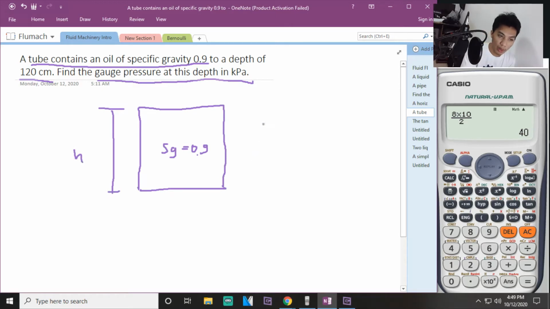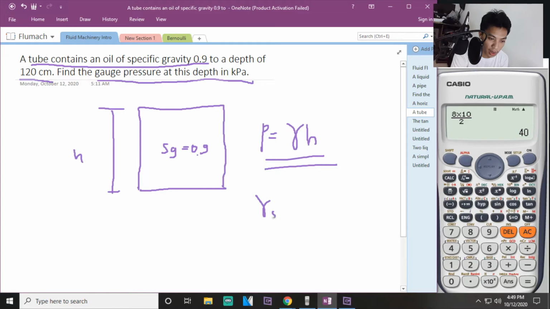Okay. So, recall natin. Di ba ang given is yan, no? For pressure, that is gamma H. Gamma ng substance times H. But the gamma of the substance is equal to SG nung substance multiplied by the gamma ng water. Yun, no? So, makukuha na natin yung gauge pressure.